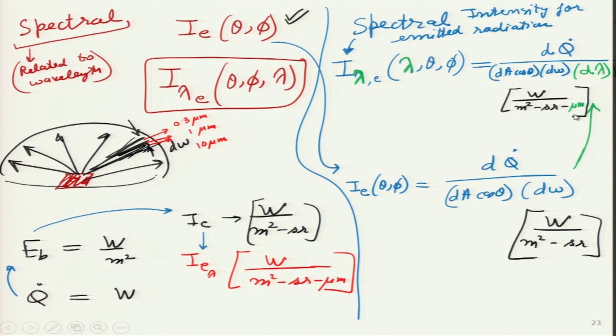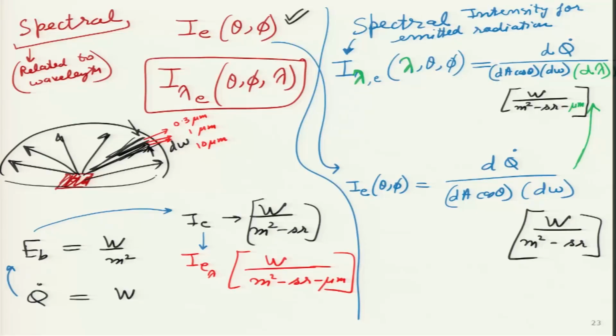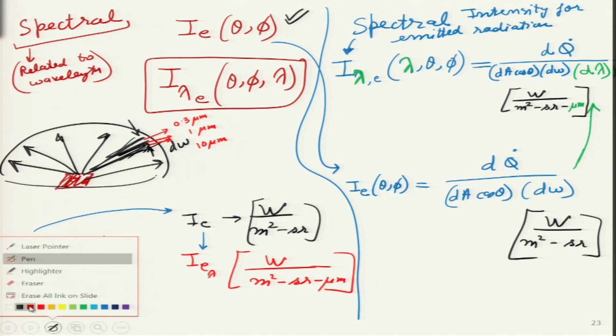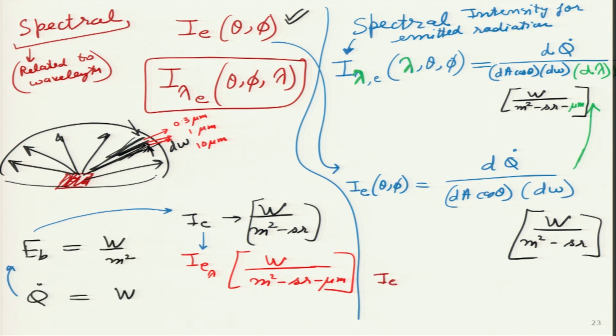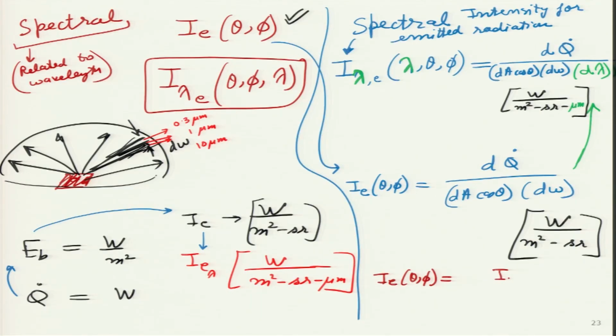So, if you look at the expression, it will turn out to be complicated, but if you have understood it in your mind that it is simply a spectral quantity, which means whatever we were doing earlier, same thing, but per unit wavelength. Now, I can even figure out the relationship between them, which means very quickly, if I understand things, I can write them very quickly. I e theta phi, and what is the relationship between this and the spectral I lambda e, lambda theta phi?